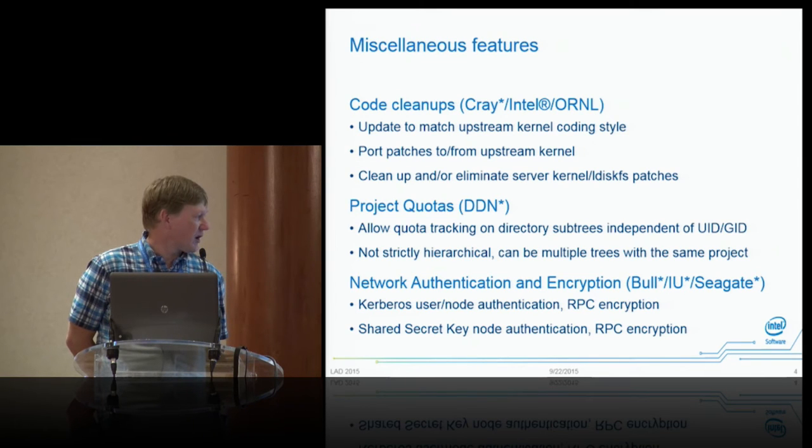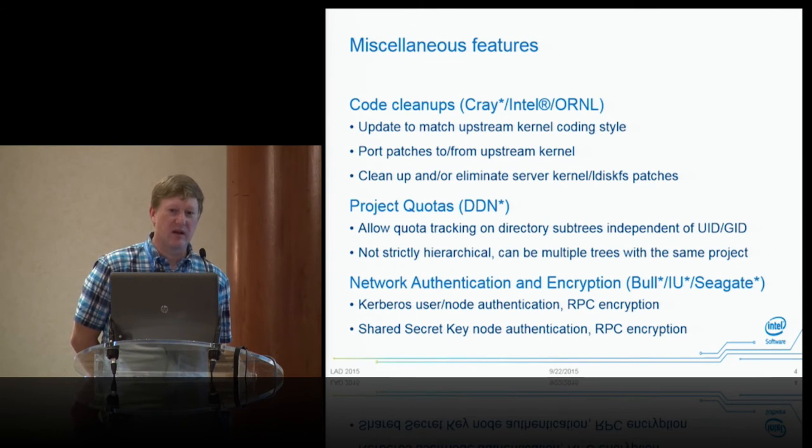DDN is also working on project quotas, and the work up until now has been in terms of getting the project quota feature into the upstream ext4 code base. This will allow tracking space usage. It's almost like directory quotas in terms of there's a project ID.